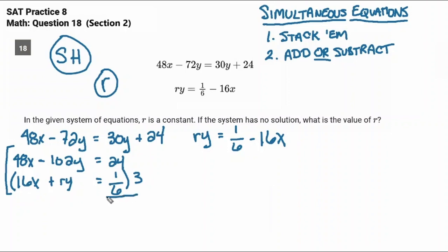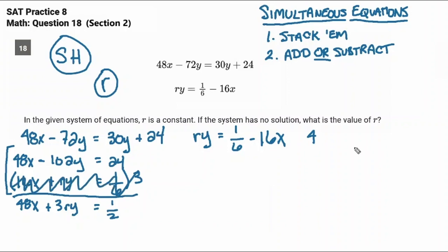So when I do that, what's 3 times 16x? 48x. So now I'm going to be able to get rid of my 48x's. Got to multiply every term, so it's plus 3ry, and then 1/6 times 3 is just a half. All right, I'm done with this stuff. I'm going to rewrite the equation over here. You don't really need to rewrite it. You could just cross this off and keep going. But let's make it easy to look at for ourselves.